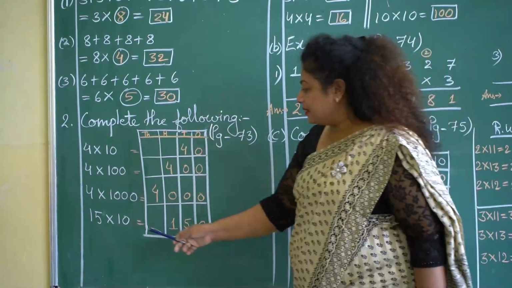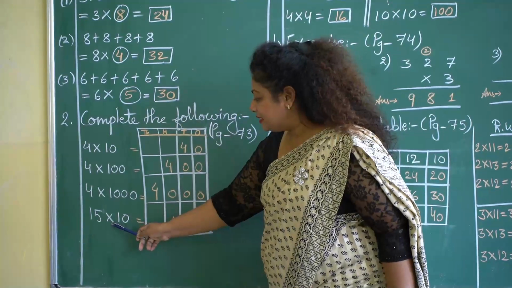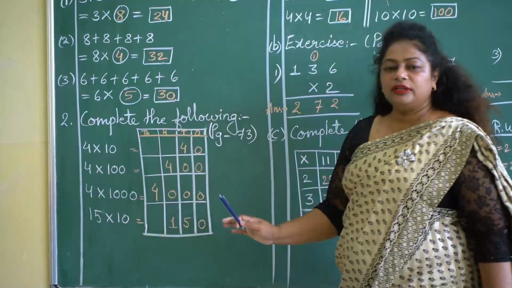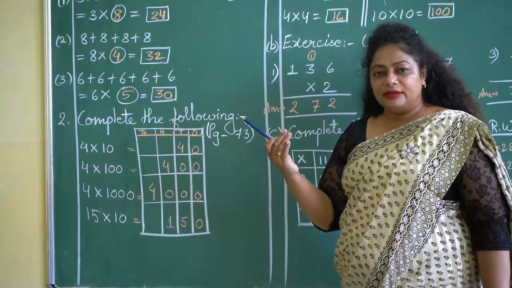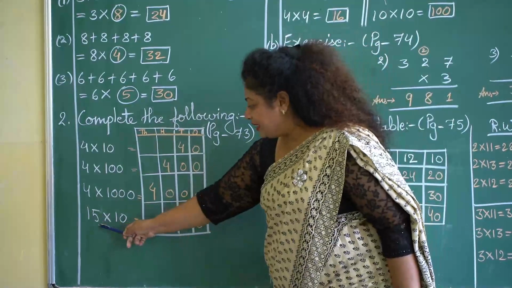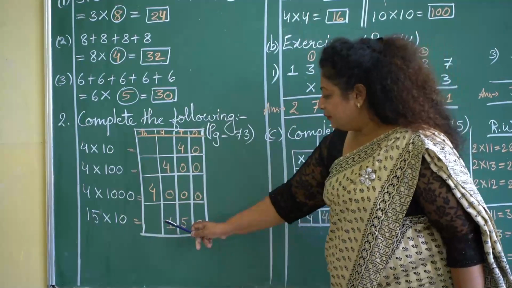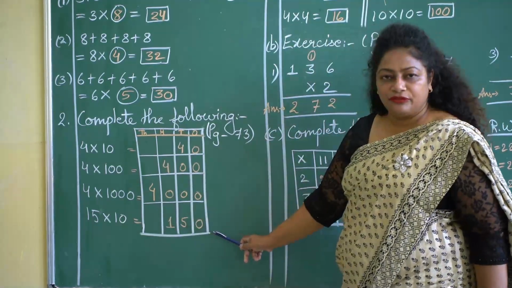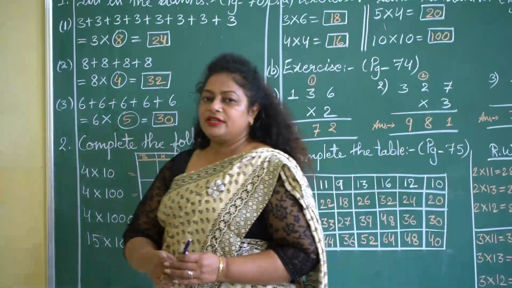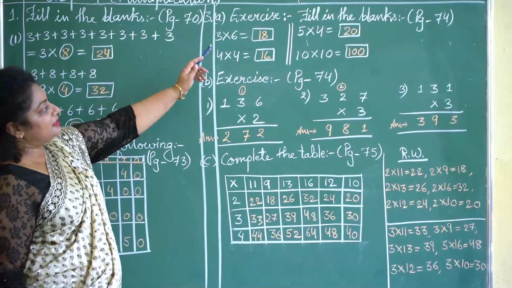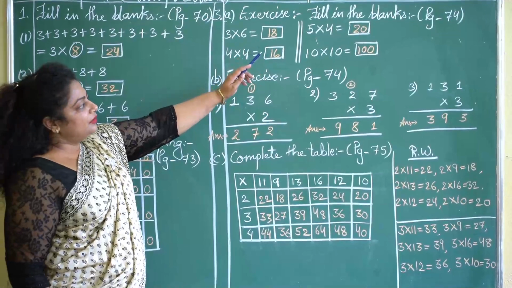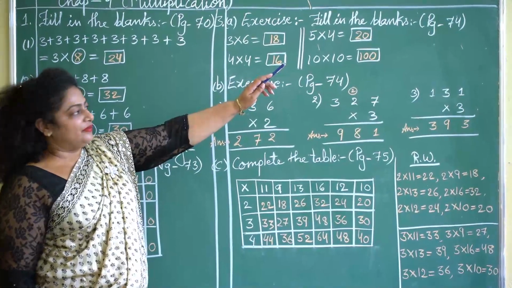Let's see the next number. Next number is 15 multiplied by 10. You all know the table of 15. So we can solve by repeating the table in mind. Like 15 10s will give you 150. Now children, let's see the next exercise, that is fill in the blanks, given on page number 74.